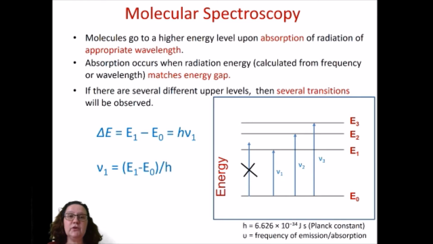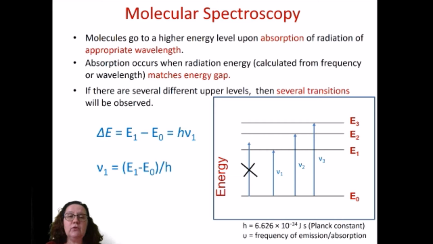As I mentioned before, infrared spectroscopy is one type of molecular spectroscopy, and in molecular spectroscopy, molecules will go to a higher energy state by absorbing radiation of the appropriate wavelength.